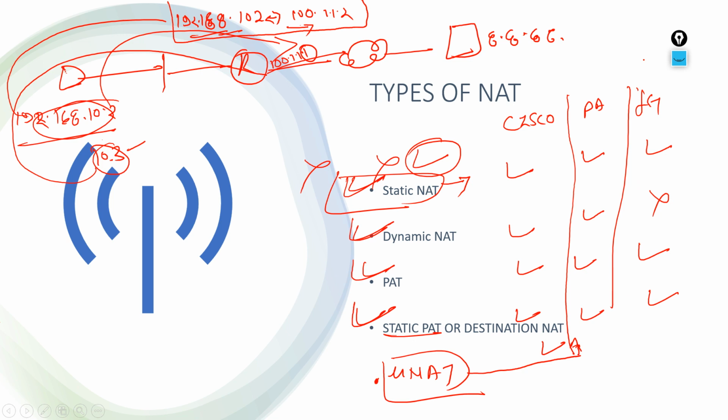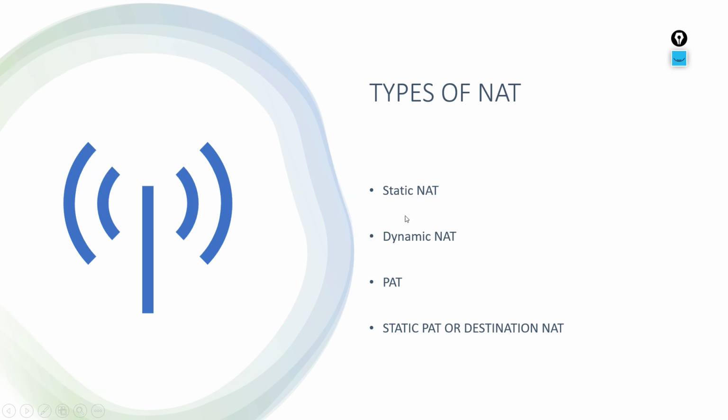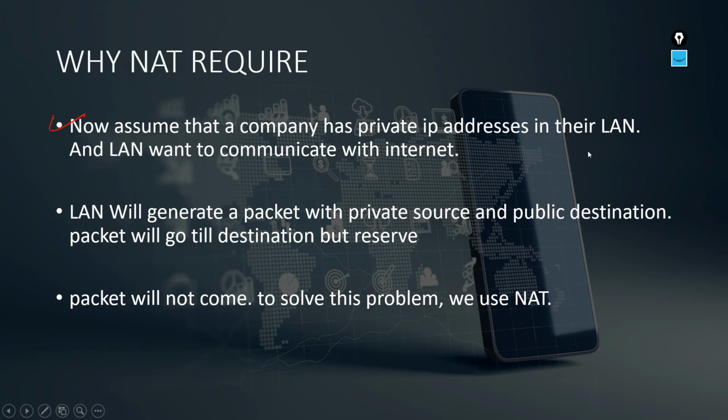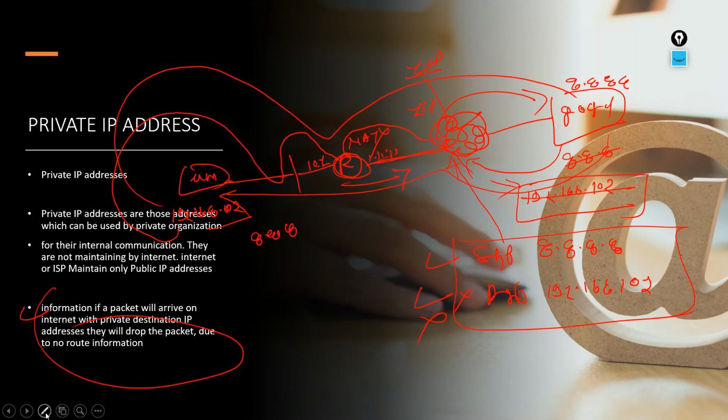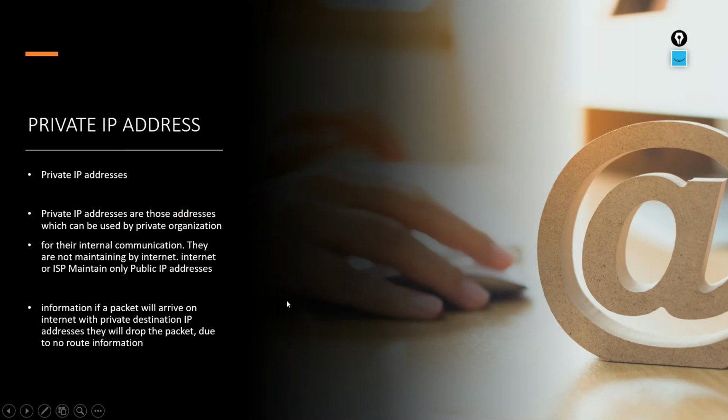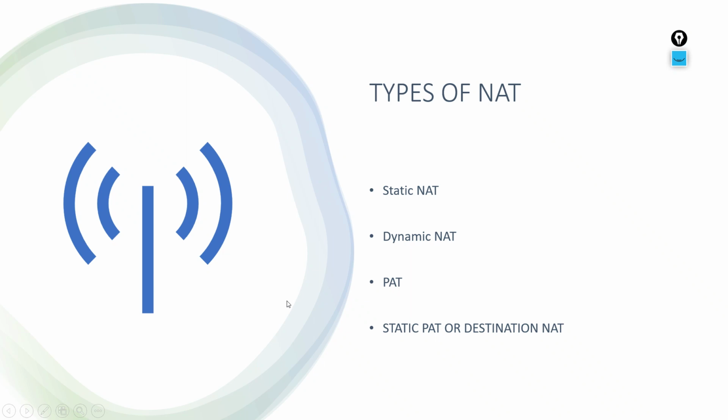Okay. So static NAT is clear. Dynamic NAT is also similar. Let me erase this. So dynamic NAT, when we talk about it, we have a group of public IP addresses and a group of private IP addresses.